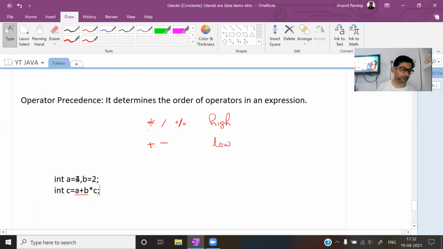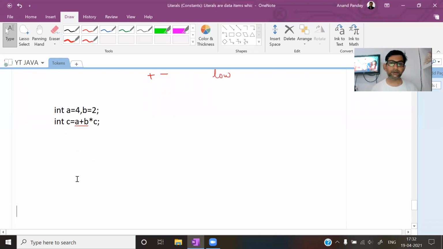Consider this Java expression. How can you solve it? Sorry, just a minute, I have made one mistake here. Let us take c as 3, whatever. So 4 plus 2 into 3.